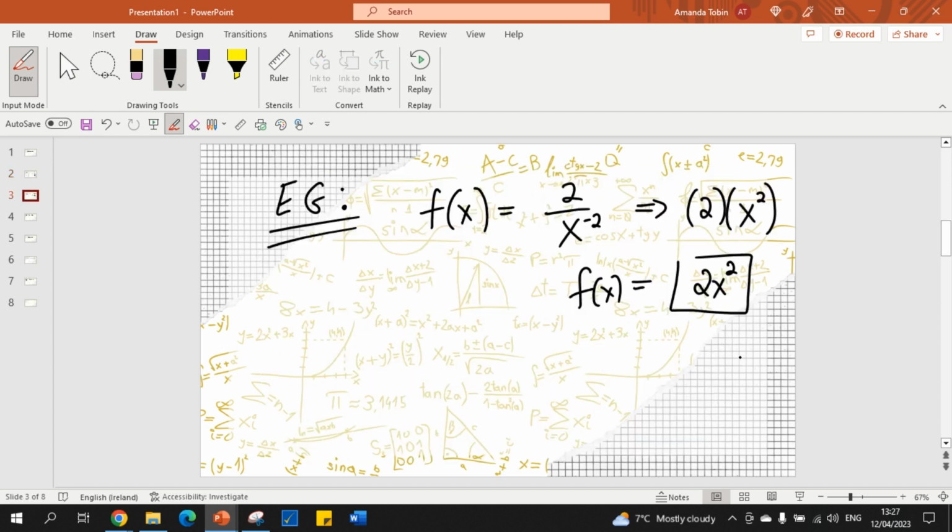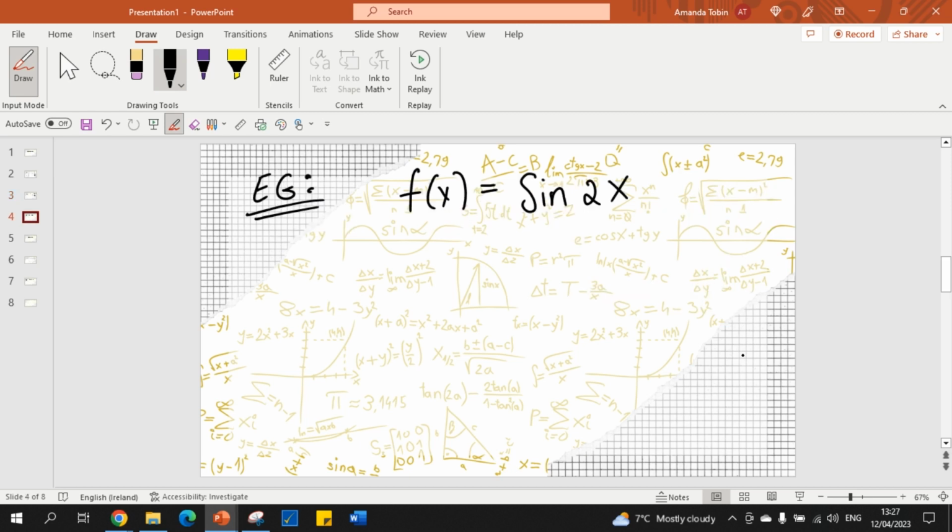So it does make your life a little bit easier if you go down that route, but this really is the only simplifying that you need to do. And to be fair, you could get away without it if you really wanted to, but I do think this is a very simple simplification that will help. But in 99% of cases, you can go ahead straight in and differentiate with that rule in your log tables.